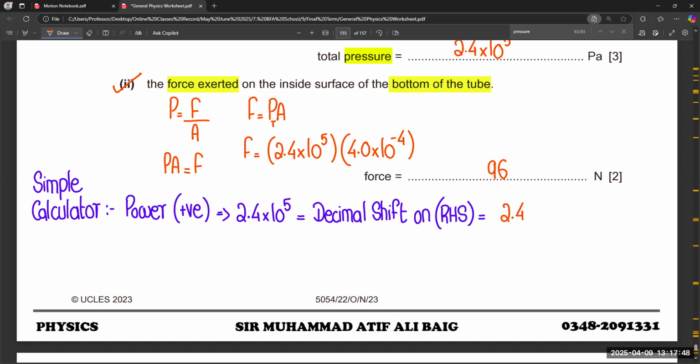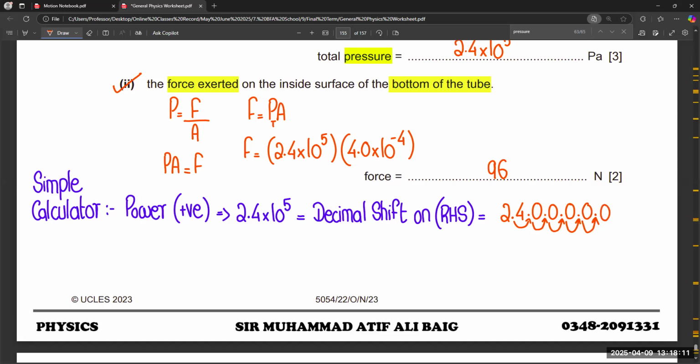You shift this decimal 5 times: 1, add a 0, then 2, add one more 0, 3, 4, 5.